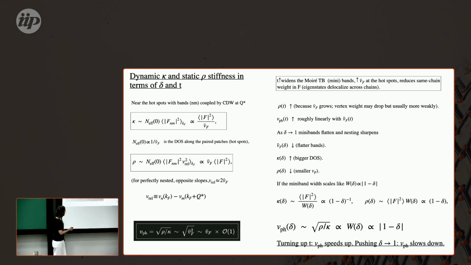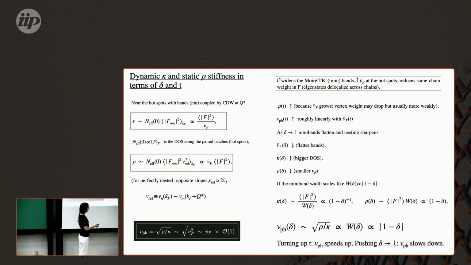In the mini band, the width scales like 1 minus delta, where delta again is this moiré kind of pattern. So the static stiffness scales like the structure factor divided by the bandwidth. That is going to be inversely proportional to 1 minus delta, while the phason velocity is going to be proportional to the form factor and to the width of the mini band.